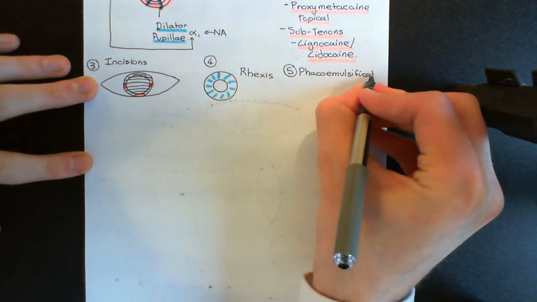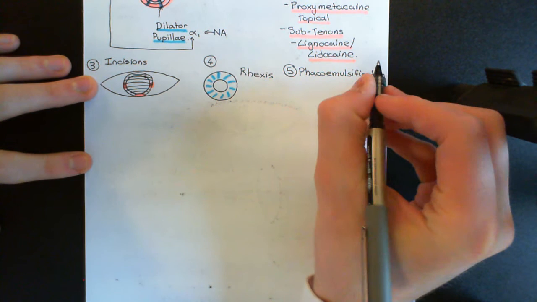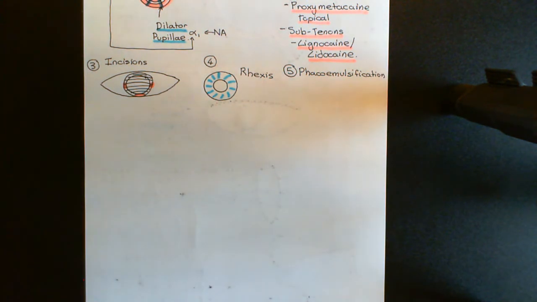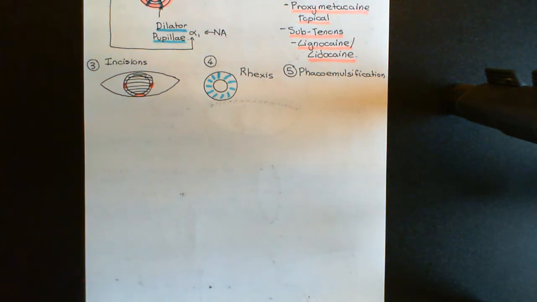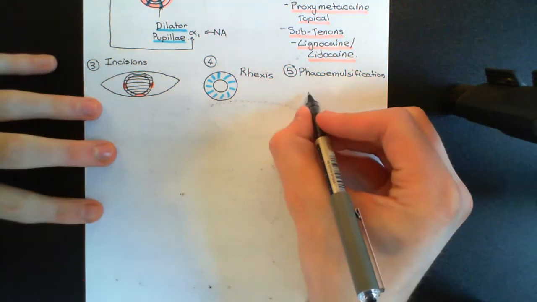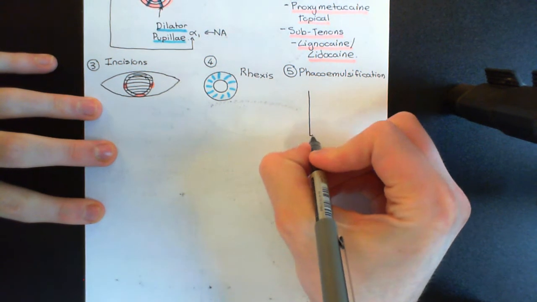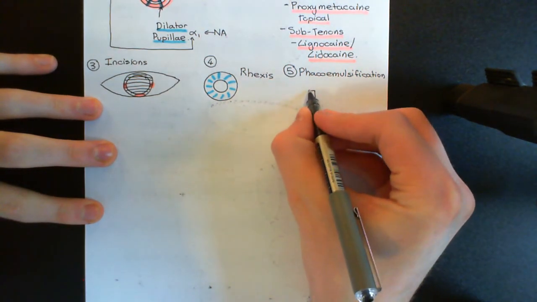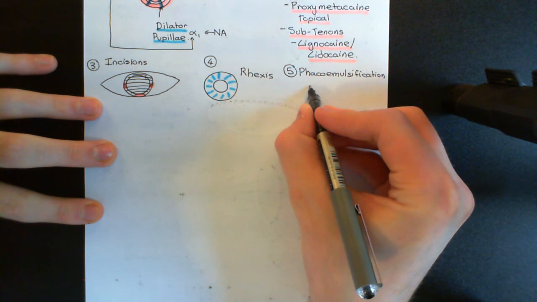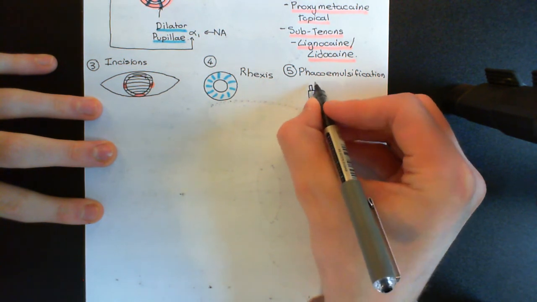Okay, so let me explain phacoemulsification then. So phacoemulsification refers to the destruction of the centre of the lens and the sucking out of it using ultrasound. So basically what you have is a little probe, a little stick effectively, and on the end of the little stick what you have is something that will oscillate at an incredible frequency.